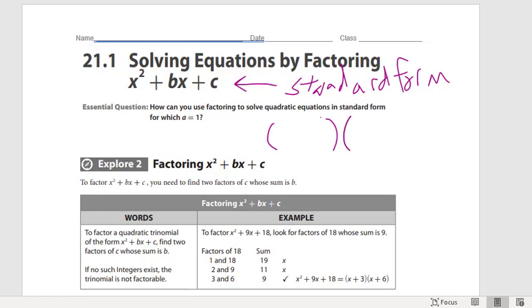Okay, we want to get it into a factored form that we looked at the other day, where we have x plus something and x plus something. We want to get it into that factored form where it looks like two polynomials multiplied together.